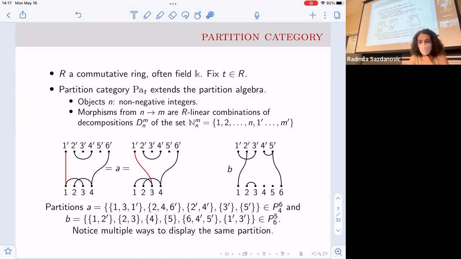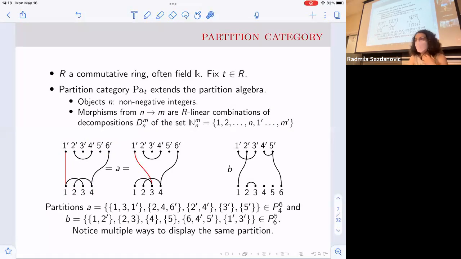And then I have a morphism, let's say from 4 points to 6 points, where the points on top are denoted by primes. They're going to be given by linear combinations of these decompositions of a collection of n plus m points. For example, a partition that puts 1 prime, 1 and 3, 2, 4, 6, and 6 prime, so 2, 4, and 6 prime, and 2 prime, 4 prime can be denoted this way.